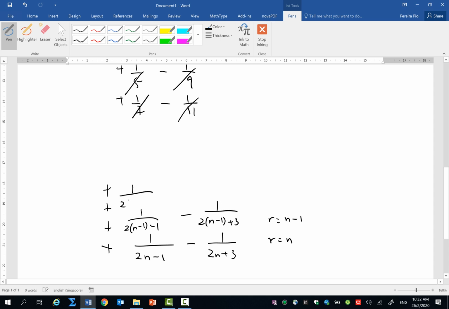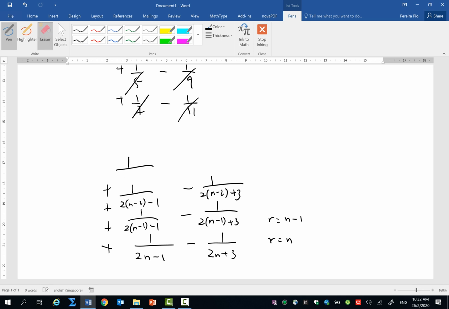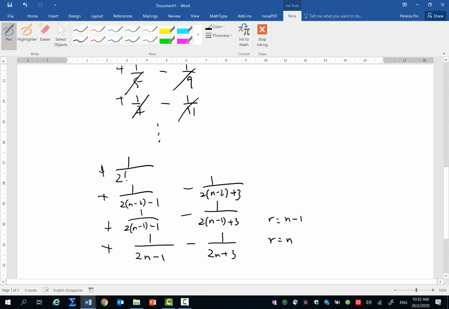Then r equals n minus 2, and so on. Where does this cancel?